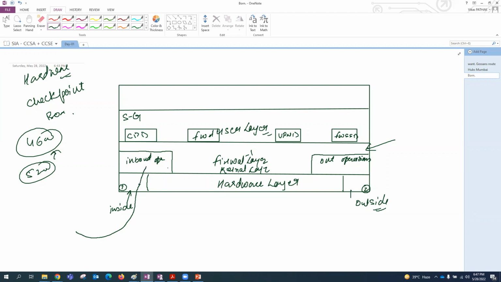Then from the kernel, the FWD daemon will take the handover from kernel mode to user mode, and further user mode checks will be performed. After this, traffic will go again to the user mode of the security management server, SMS.